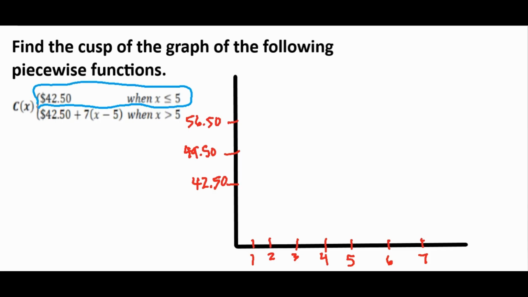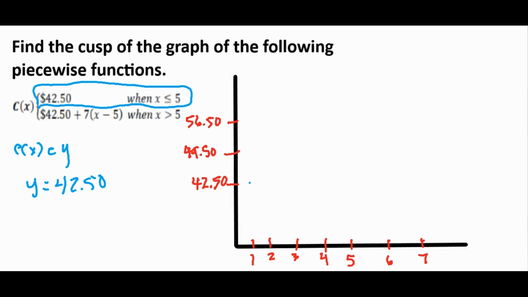If I graph this, think of c of x, in function notation, c of x is almost the same thing as y. So if y is equal to $42.50, what does that tell me? That tells me that if I have one of this particular item, let's say minutes, or purses, or number of people going to a house party, whatever it is, if one person goes, it's going to cost me $42.50, because it says it's going to cost me $42.50 when x is less than or equal to 5.